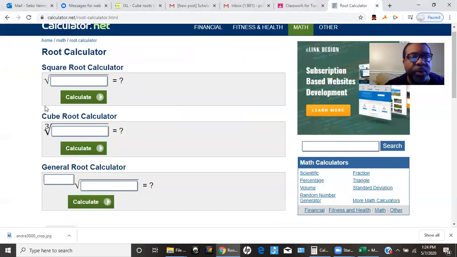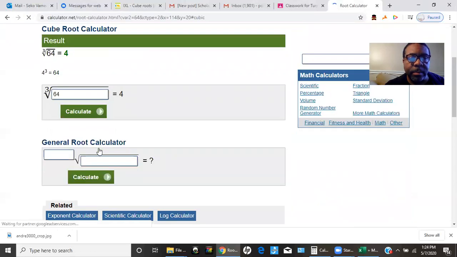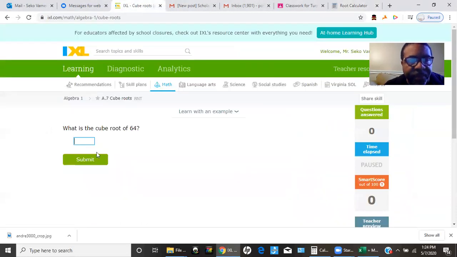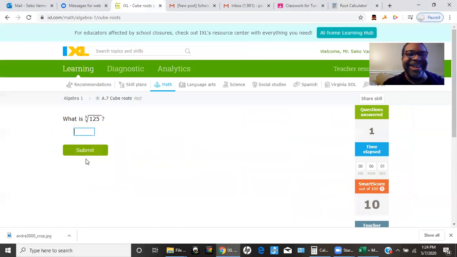Let's check on the cube root calculator. I'm going to put in 64 because we want to find out what times itself 3 times will give us 64. All right, so calculate. And it says 4. So we're going to go back to IXL, and I'm going to type in 4. Watch it say fantastic. Well done.